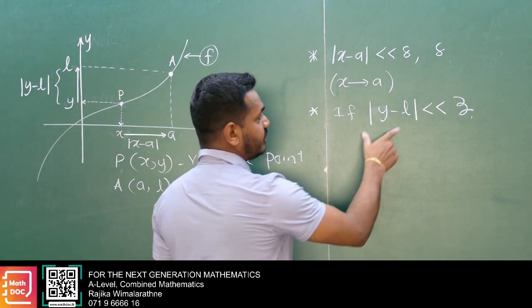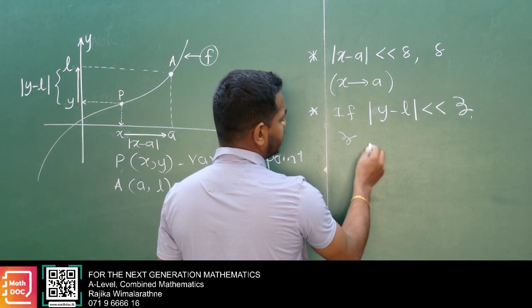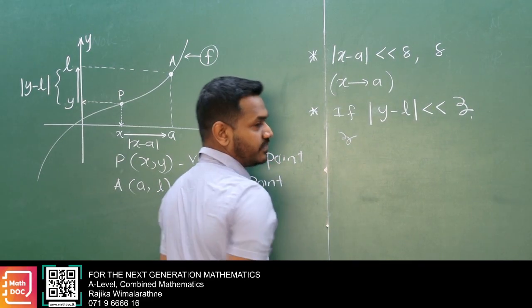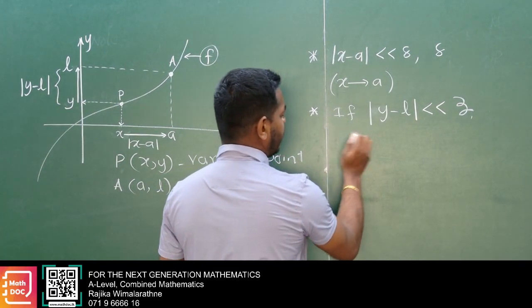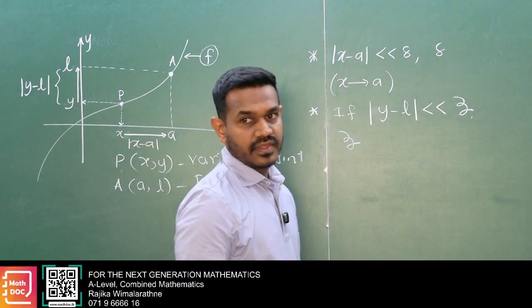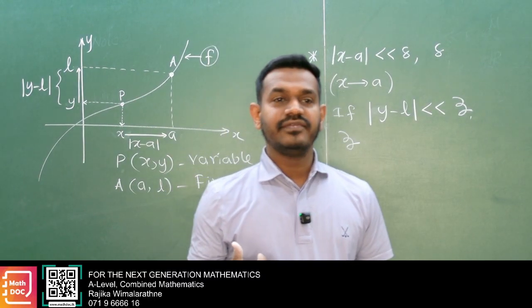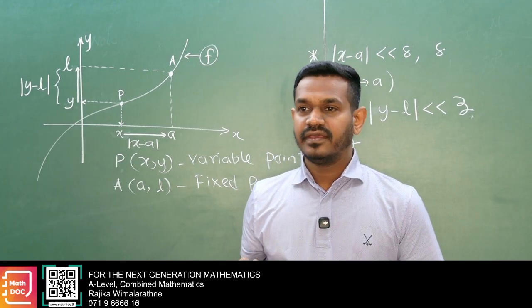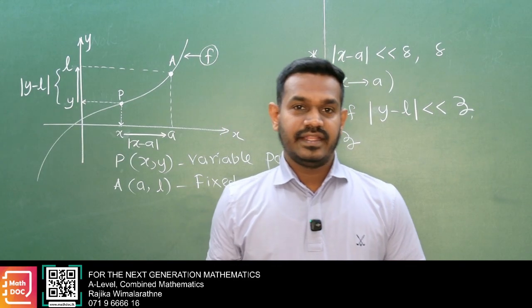If modulus of y minus L is less than epsilon, where epsilon is a very small real value, then we say the variable y tends towards L.